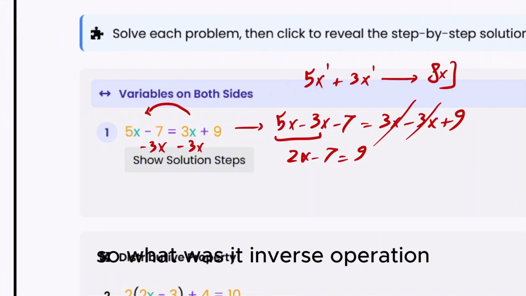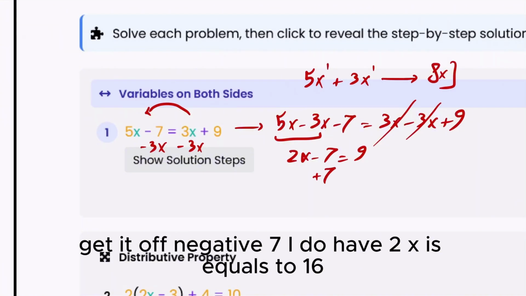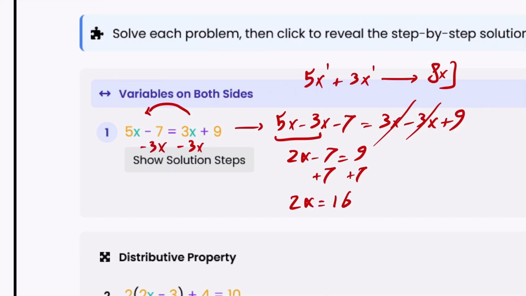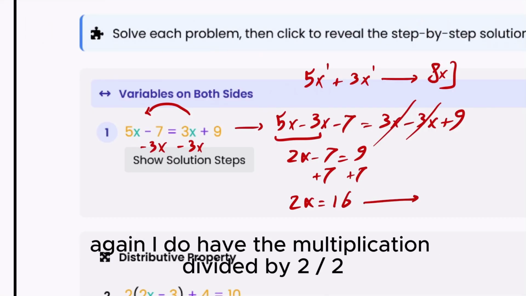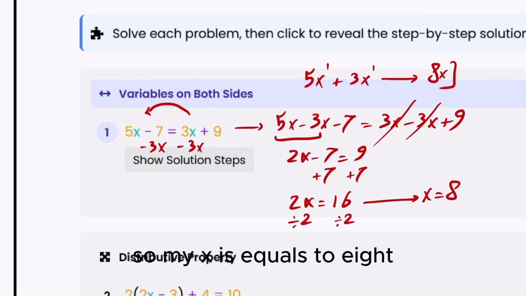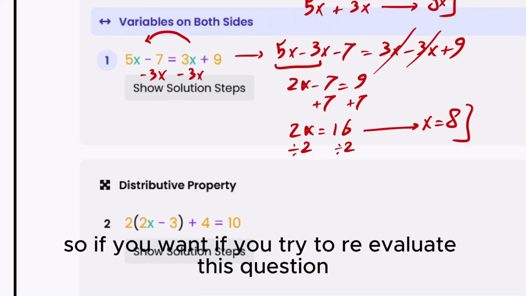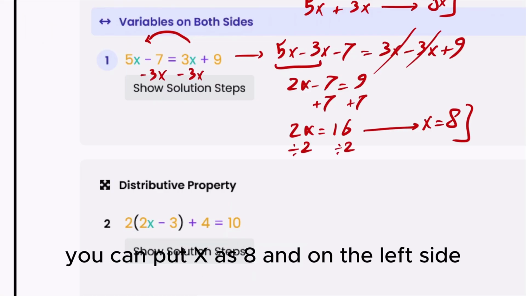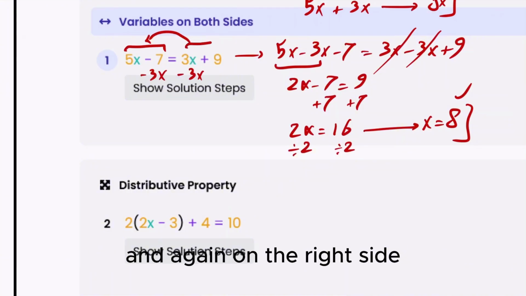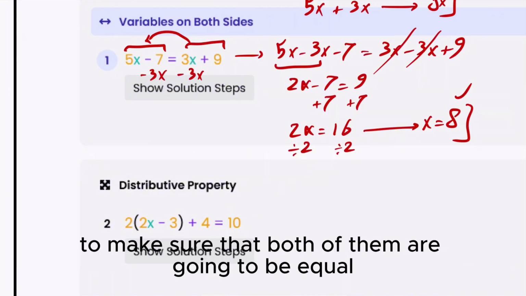So what was it? Inverse operation. Get rid of negative 7. I do have 2x is equal to 16. Again, I do have the multiplication, divided by 2. So my x is equal to 8. So if you try to reevaluate this question, you can put x as 8 on the left side and again on the right side to make sure that both of them are going to be equal.